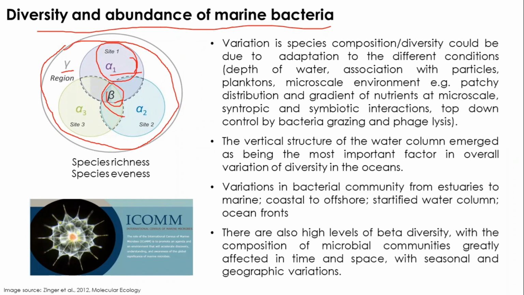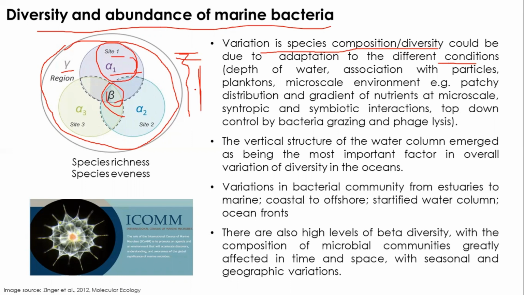Even yesterday I was telling you that there is a variation in the species composition or the diversity within the site, mostly because of the adaptation to different conditions. So in the same site you can have a depth profile, where you have the photic zone, and then where you have the aphotic zone.